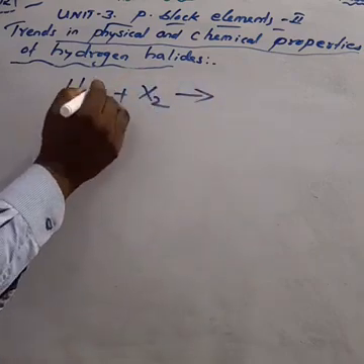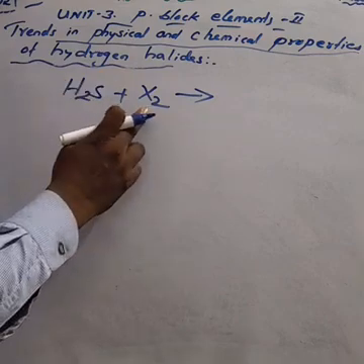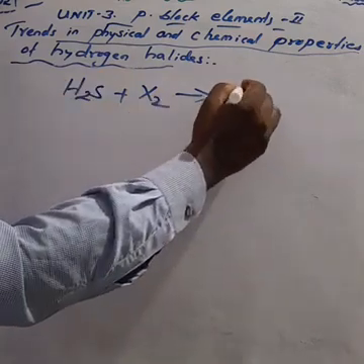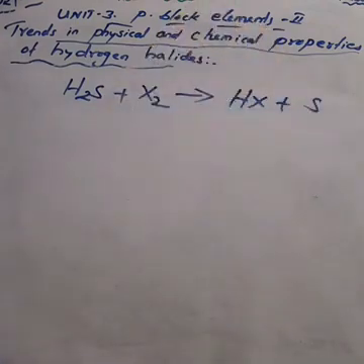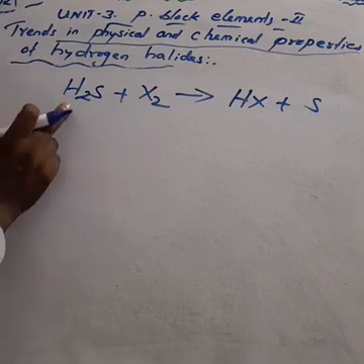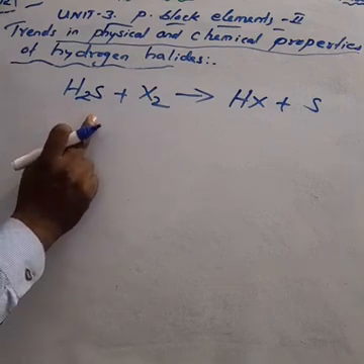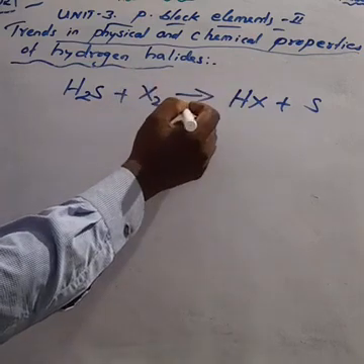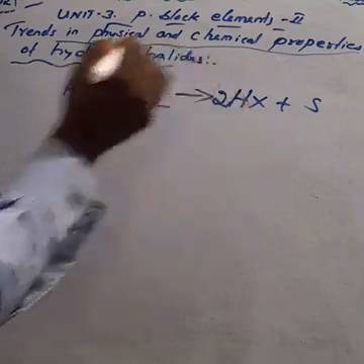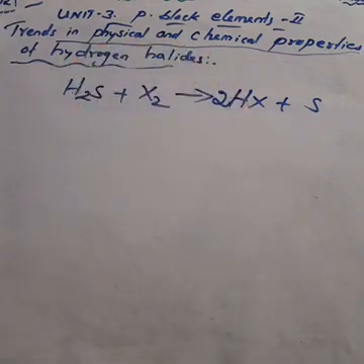Hydrogen combines with the halogen to form HX, and we get sulfur, plus sulfur. How can you balance the equation? On the reactant side X2, so make it 2HX on the product side. Am I right? So how much hydrogen? 2H. Now it is balanced.